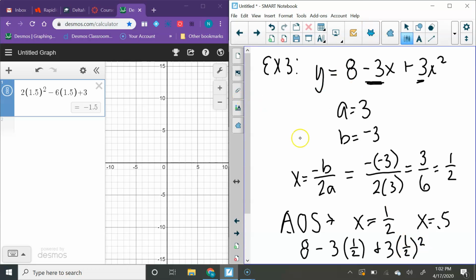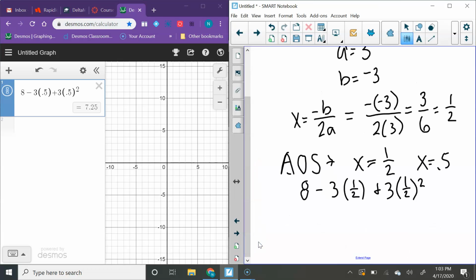And so if we go over here to Desmos and type that in, 8 minus 3 times 0.5 plus 3 times 0.5 to the second, we're going to get 7.25. The same numbers keep showing up here over and over again. That's just a coincidence. So our vertex for this parabola would be at 0.5, and our y-coordinate is 7.25.